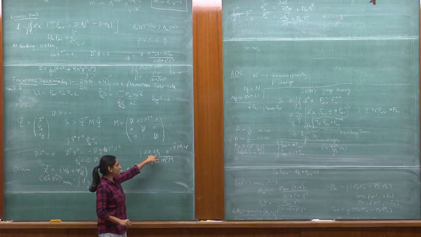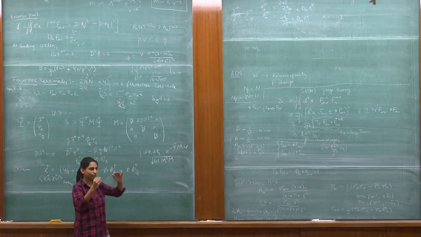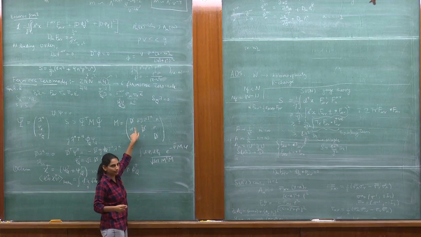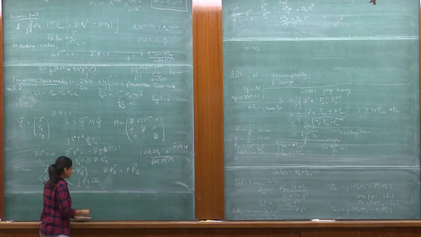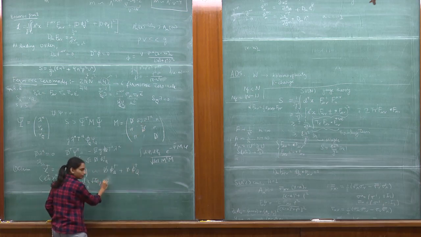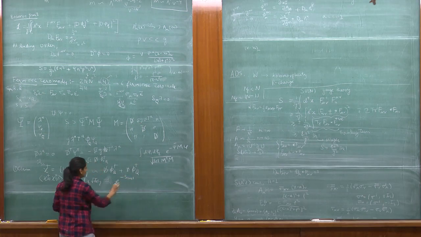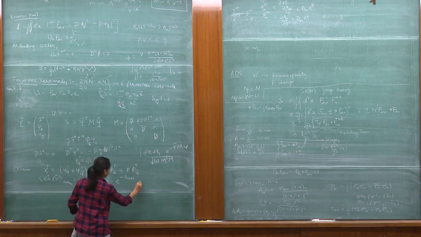So the 4 approximate zero modes will give you factors of v, because there are v's sitting here, and then there is the exponential minus S instanton and chi dagger chi.